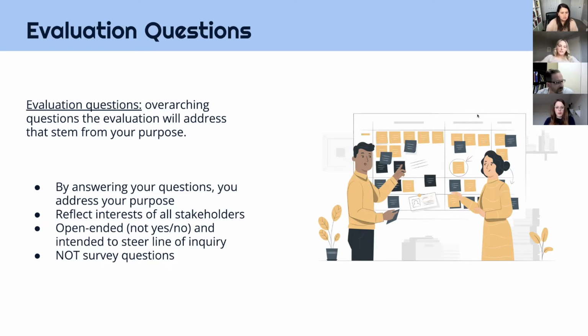And of course, if you're doing a community-driven evaluation, you're going to be developing these questions collaboratively with all your stakeholders and your evaluators. Your questions should reflect the interests of everyone involved. You should try to aim for open-ended questions and avoid those simple yes or no questions, just because you won't get that in-depth information that you really need.